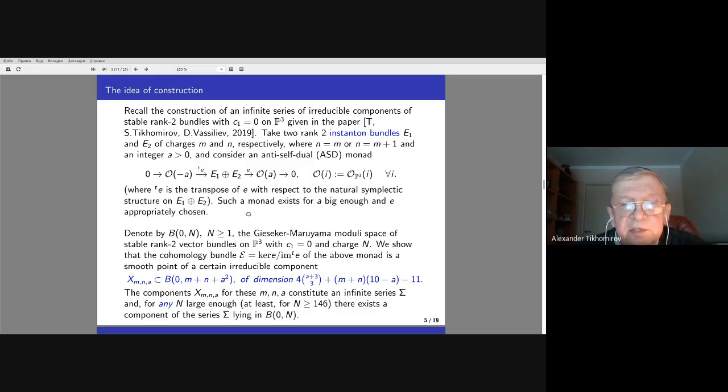Such a monad exists for a big enough and E chosen appropriately, so that E is an epimorphism.